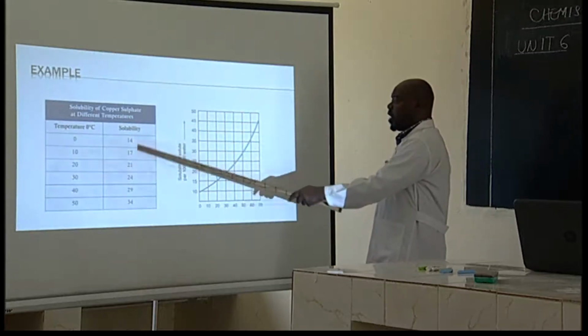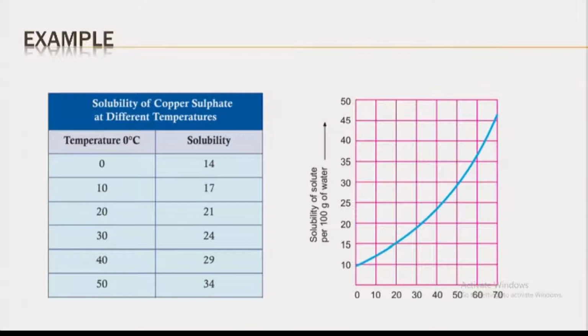So the solubility we have here is the calculated value from the grams of solute dissolved in 100 grams of water at the temperature we have here. At 0 Celsius degrees, we have 14. At 10, it's 17, at 20, it's 21.